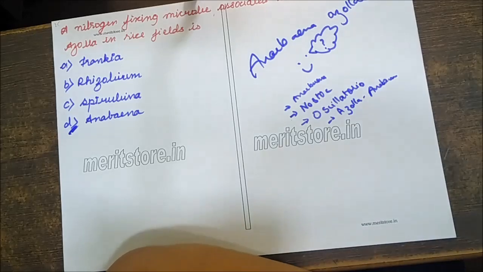Azolla pinnata is a free floating fresh water form which multiplies rapidly, doubling every 5 to 7 days. The fern can coexist symbiotically with Anabaena cyanobacteria and fixes the atmospheric nitrogen in paddy fields for rice plants, and it does not interfere with their growth.